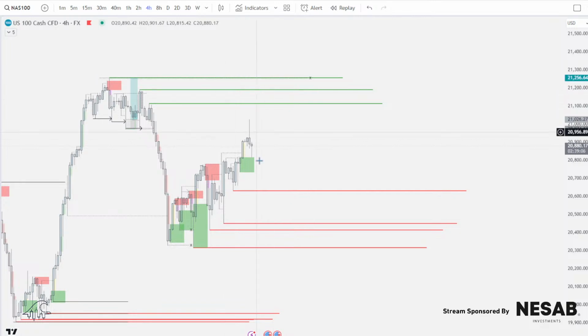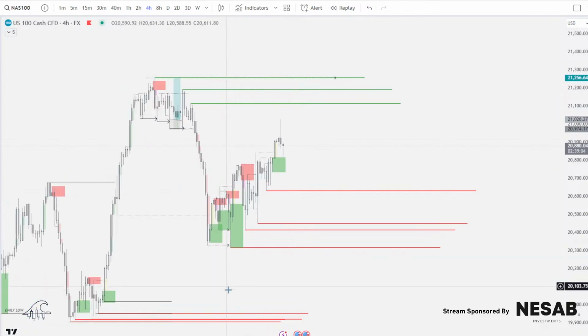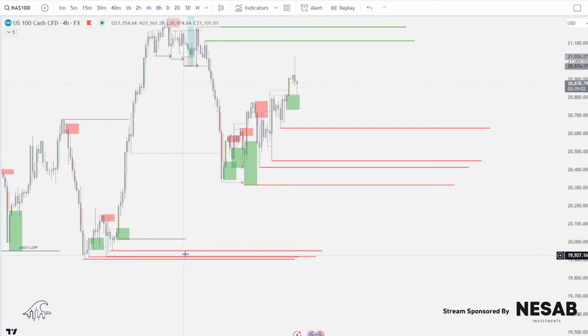4-hour highs are up here. We have quite a lot of lows in place. A lot of lows down here that are just clusters up.